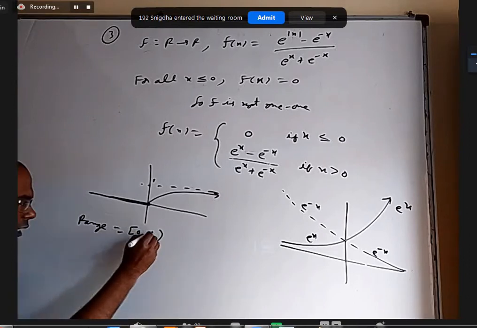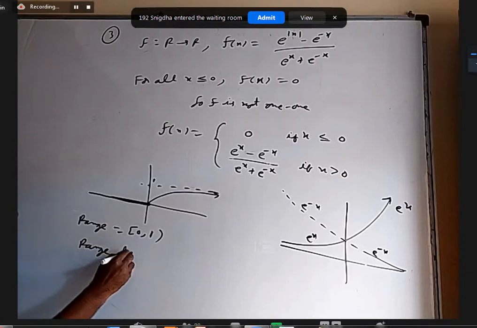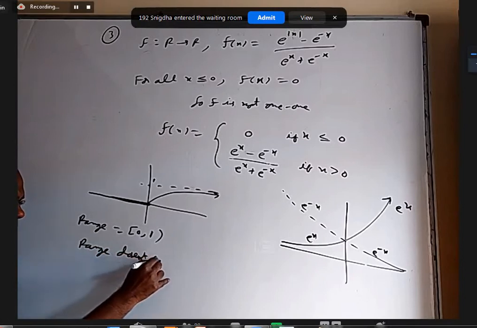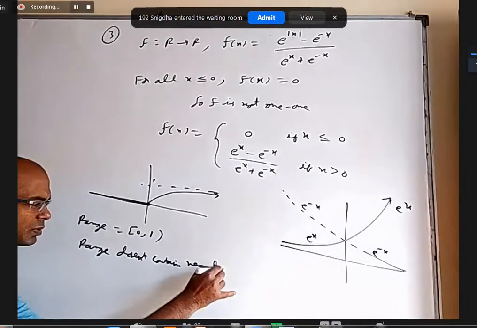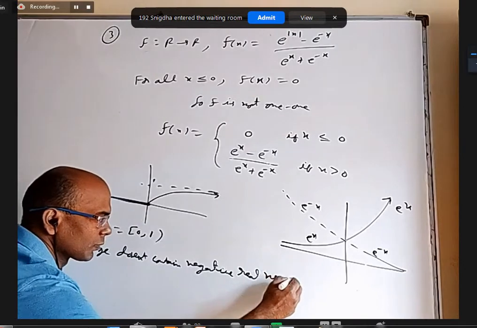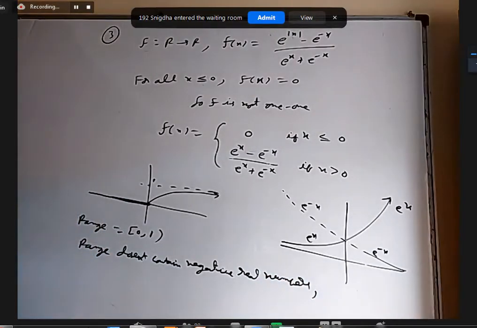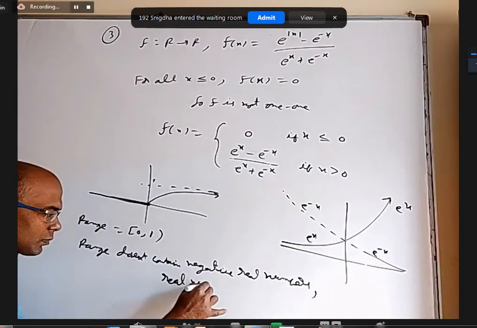More than that, you can say the range doesn't contain negative real numbers, and real numbers greater than 1.